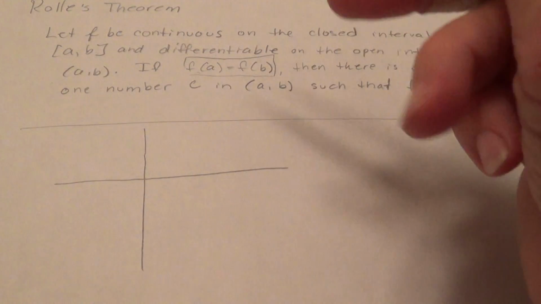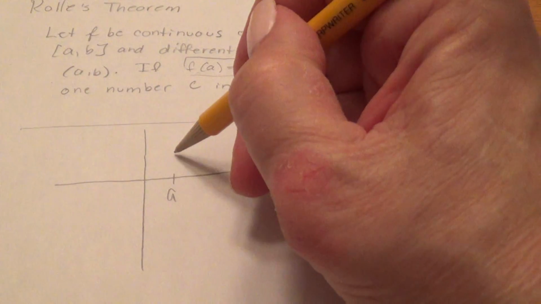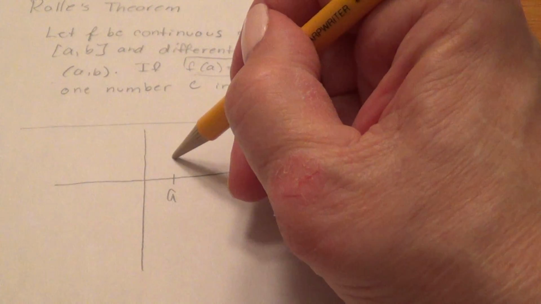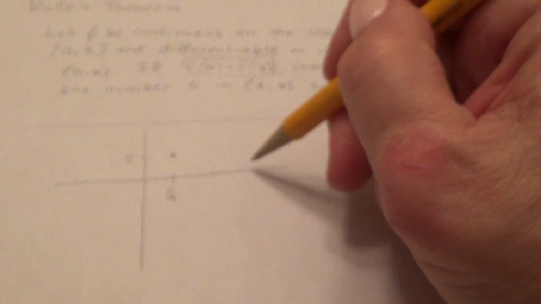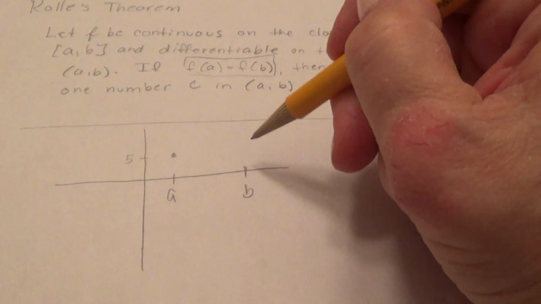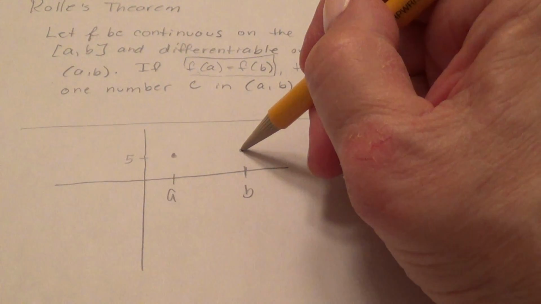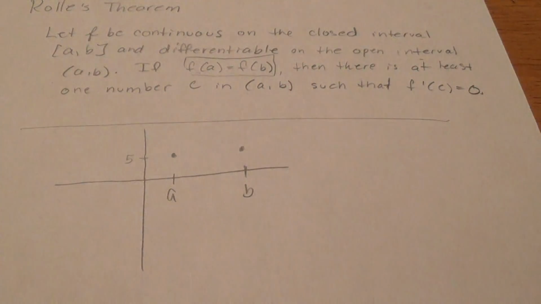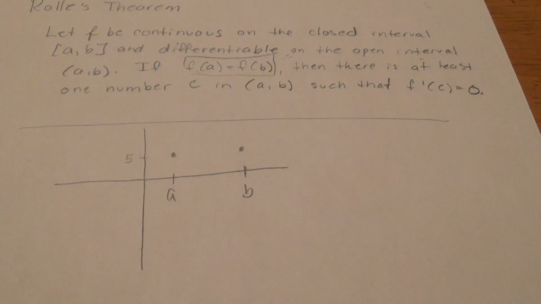So that's what I'm going to draw now. I'm going to give it a, and say its value for the function is right there, at 5. And b, the value of the function at b must be equal to the value of the function at a. So this function has to go through these 2 points.